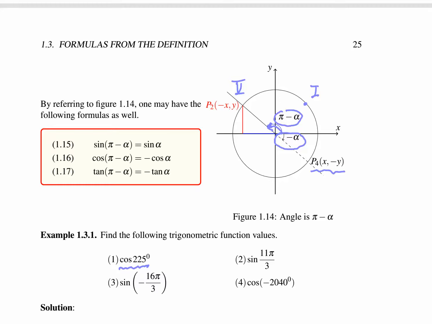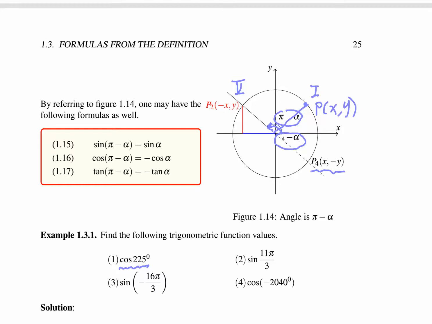Here there is an angle, which is point P with coordinate xy. Okay, so there are 3 groups of the theorems.